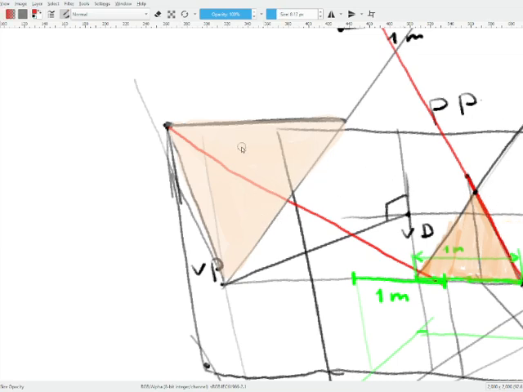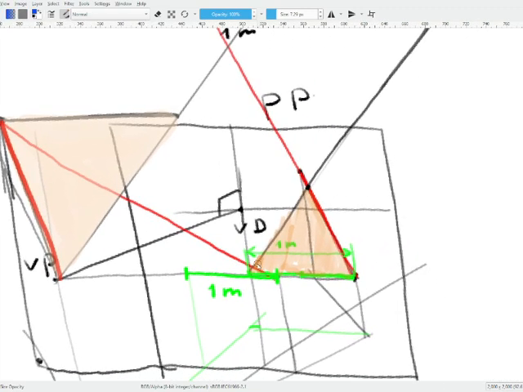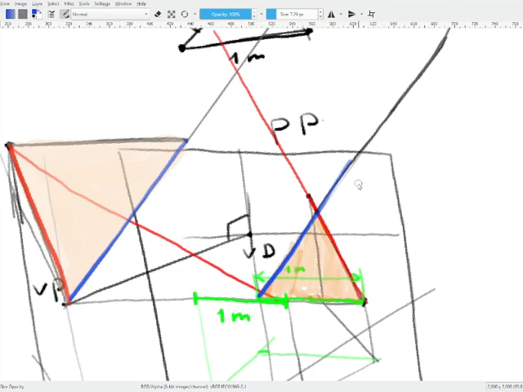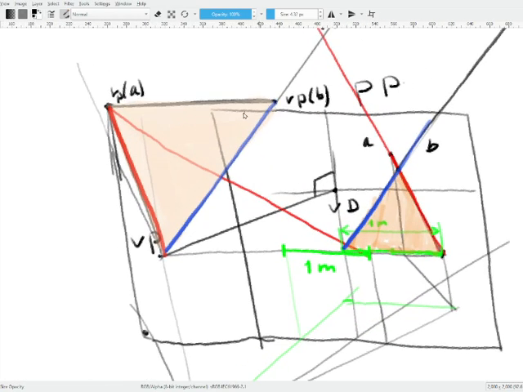So this line is parallel to the red line. Let's show that this line is parallel to the blue line. This is line AB. This is vanishing point B. This is vanishing point A. So we have two parallel triangles, which are actually similar triangles.